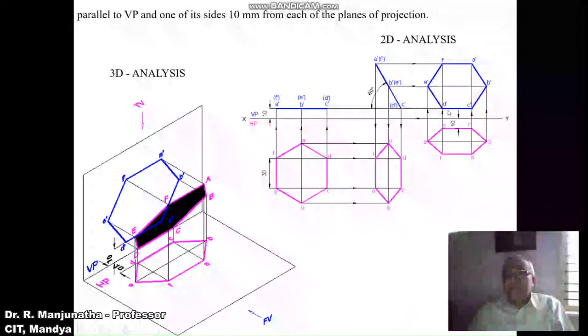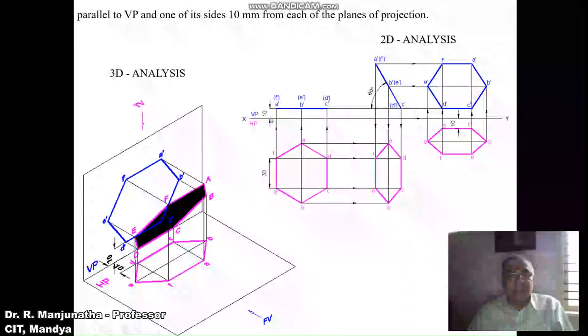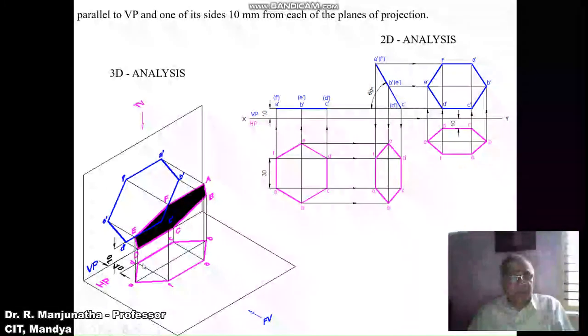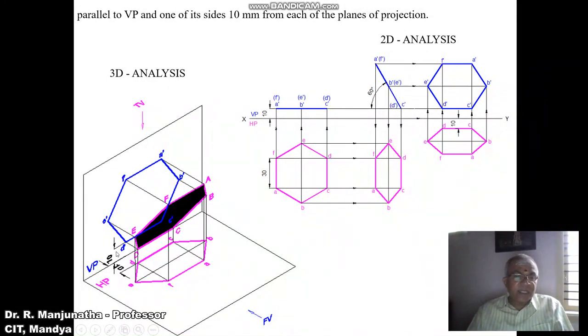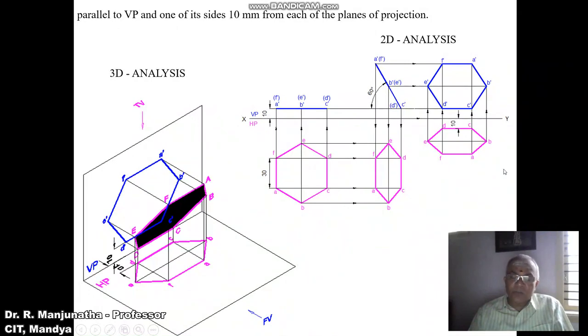Here C dash, D dash is parallel to HP, and CD is parallel to VP, and C dash, D dash is above HP by 10 mm. You can see here 10 mm above HP, and this is also 10 mm in front of VP. That is what we have shown in 3D also, wherein CD is 10 mm in front of VP and C dash, D dash is 10 mm above HP. So this is how you will be able to analyze the problem in 3D and also in 2D.